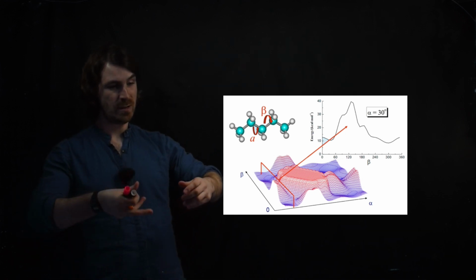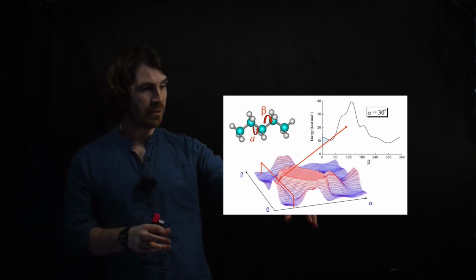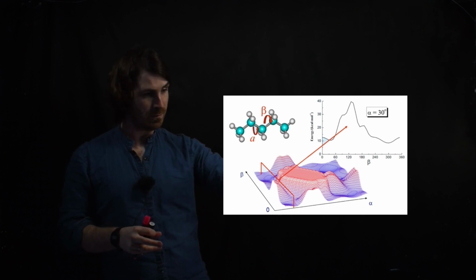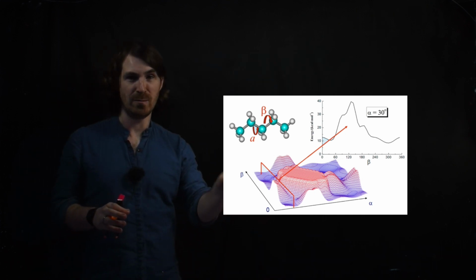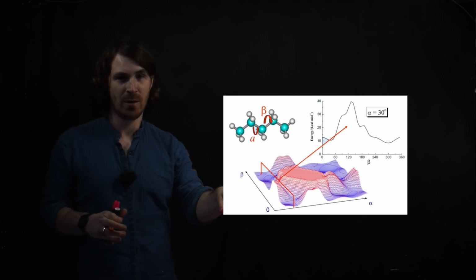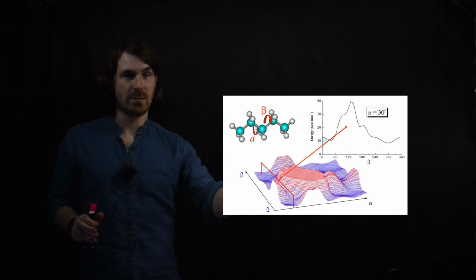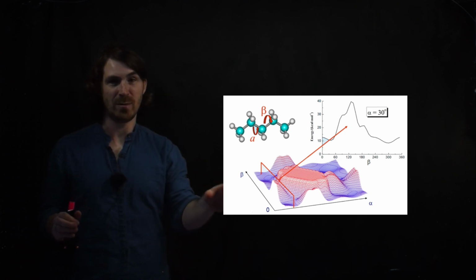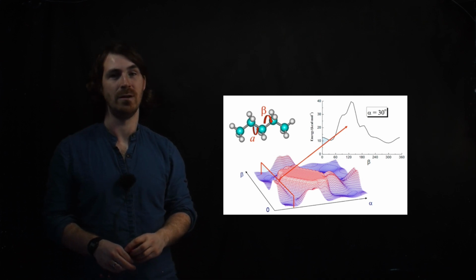As you change these two variables, alpha and beta, the energy of the molecule changes, and this maps out the surface. So you may want to find the minimum energy of the molecule, or the maximum energy, or something else. And really you need to be able to do calculus in more than one dimension to think about things like this. Okay, so we want to be able to do calculus in more than one variable.